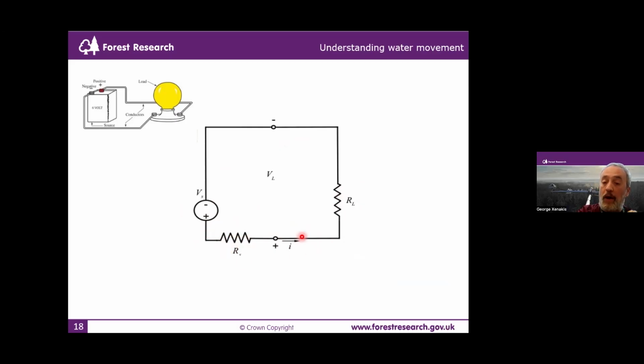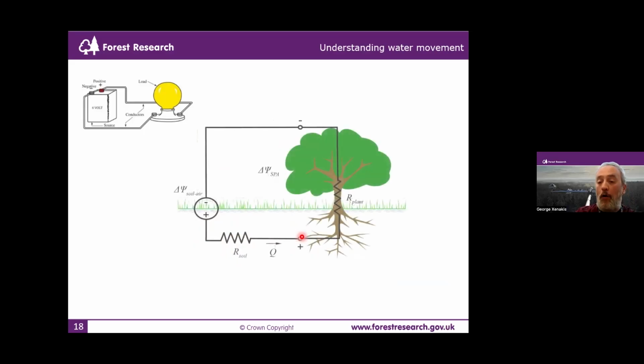So if we go to the equivalent of a forest ecosystem, it's exactly the same principle. Water moves with exactly the same principle, but rather than having a potential difference in voltage, we have the difference in pressure between the soil and the atmosphere.